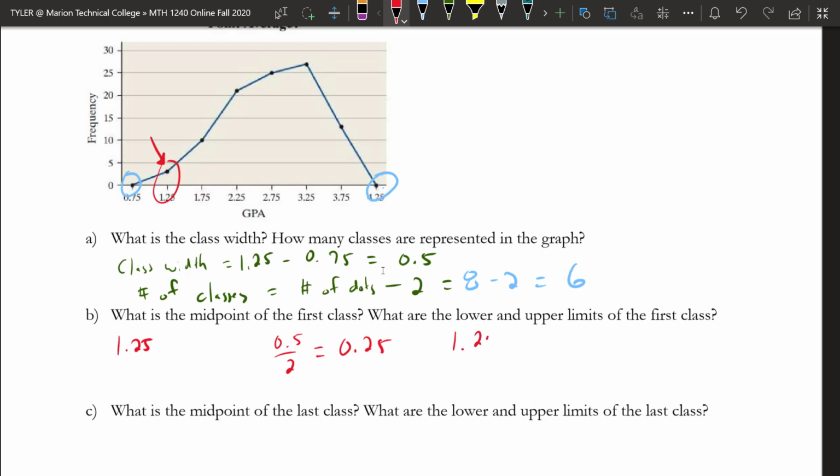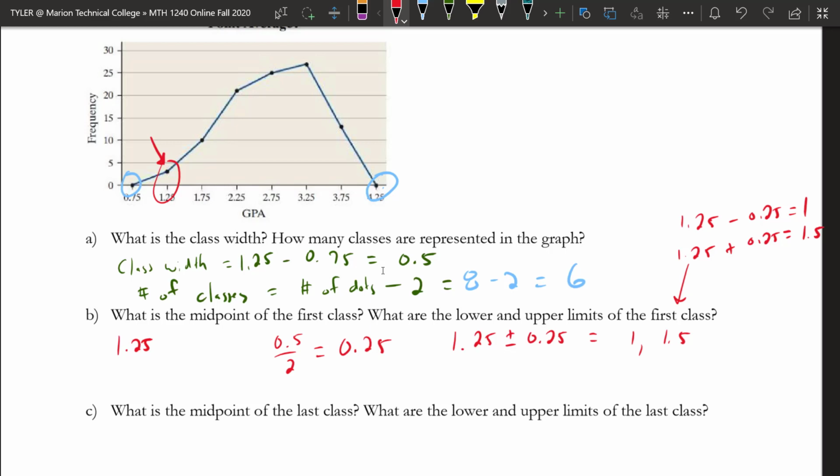So if I take 1.25 plus minus 0.25, what I end up getting are the values 1 and 1.5. In other words, 1.25 minus 0.25 is equal to 1, and 1.25 plus 0.25 is 1.5.